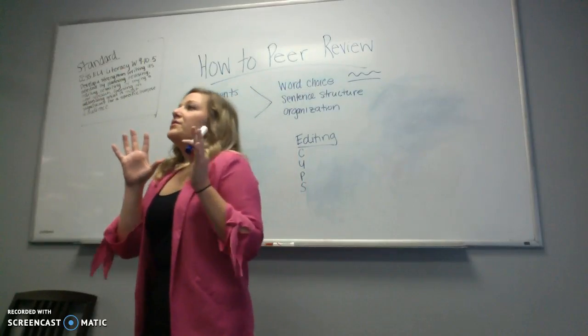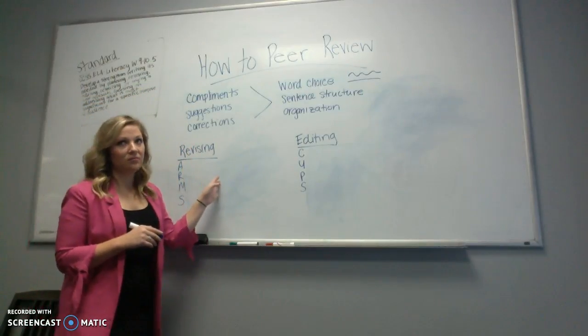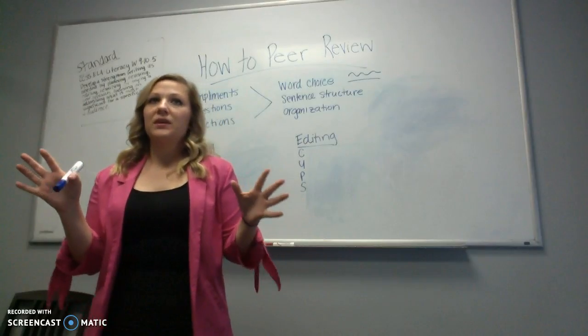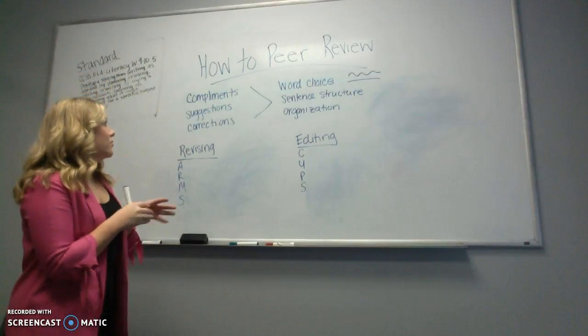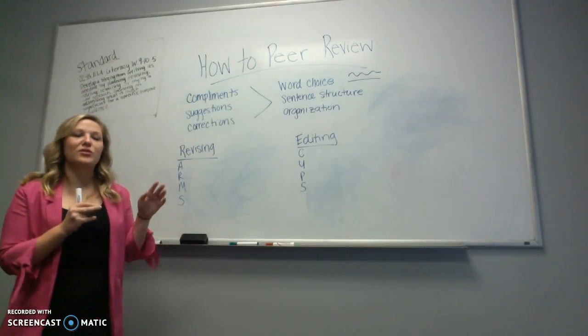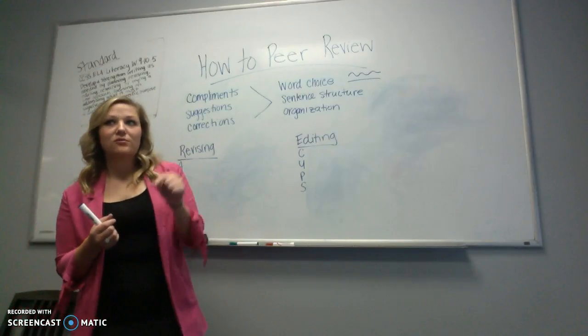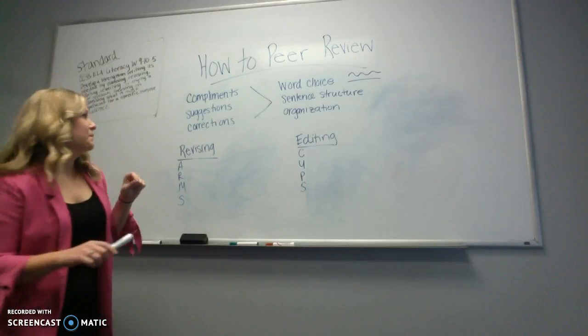So to get more into the specifics, we're going to talk about revising and editing. Now, a lot of the times we think about these words synonymously, but they're actually different. Revising is going to be a broader spectrum, whereas editing is going to be down to the specific nitty-gritty points in your essay.